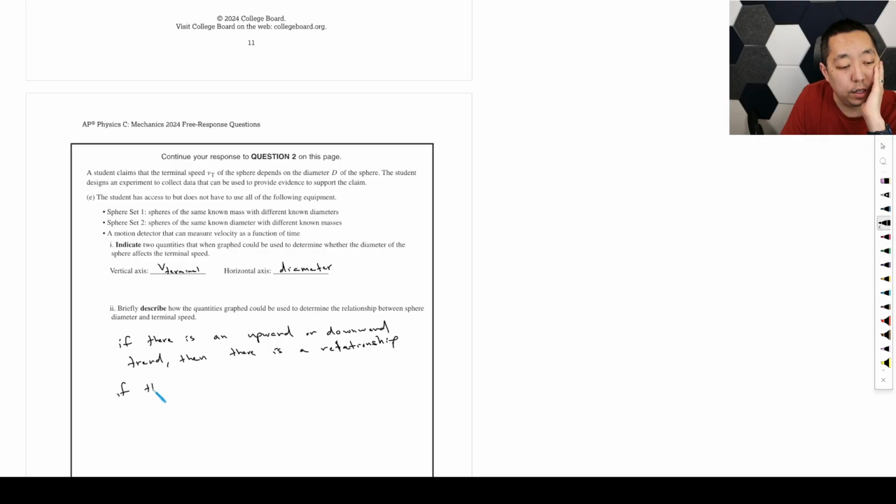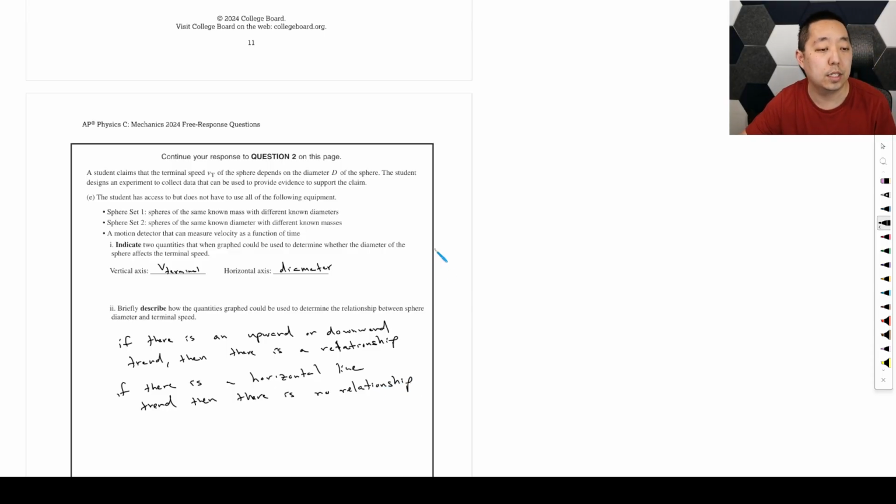And if there is a horizontal line trend, then there is no relationship. Hopefully you guys have better handwriting than me when you take these tests.